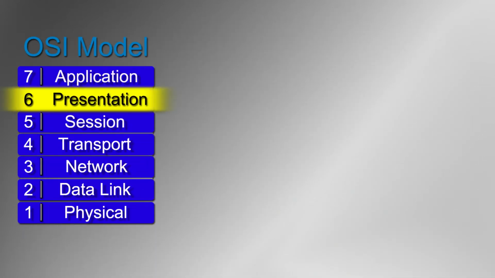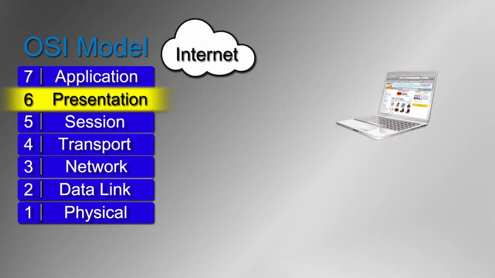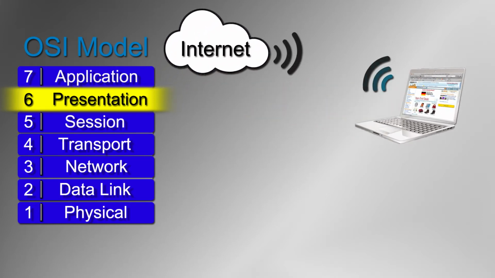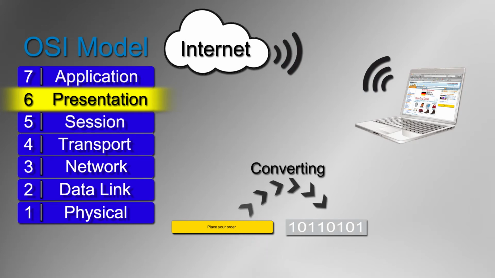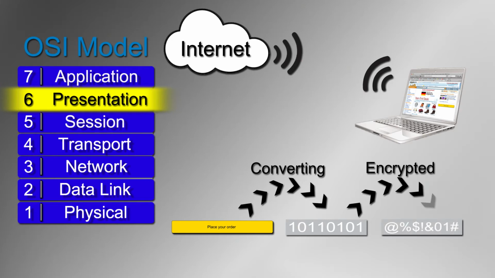The presentation layer translates data from one format to another, also known as syntax processing. A great example includes purchasing something from Amazon online. The transaction you make on Amazon is with a secure connection through the HTTPS protocol.